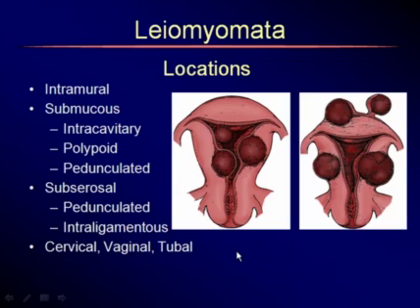Well, when we describe this, we should actually try to pay more attention to describing the location of these myomas. It is very helpful for the clinician to know the precise location so that they can plan their surgery. So we should be using more precise terminology. Most fibroids start out intramural, of course, and a fibroid can be completely intramural.